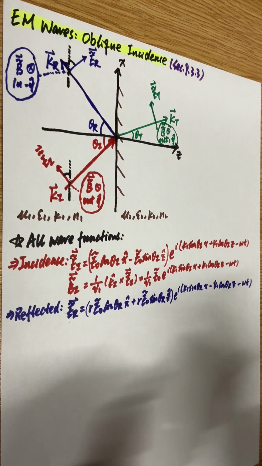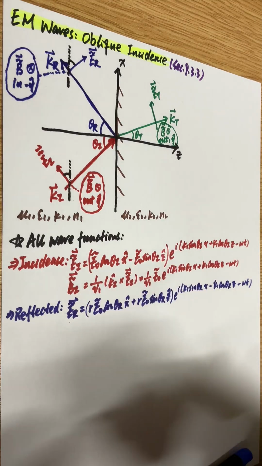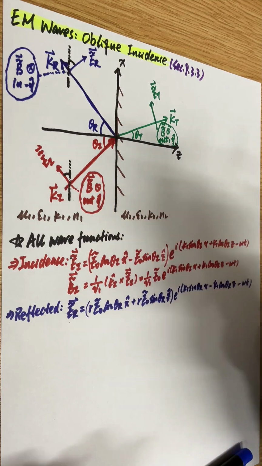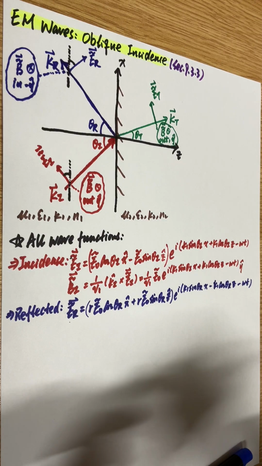Oh, I forgot something. For the B field here, the direction is perpendicular out. So I have y direction.